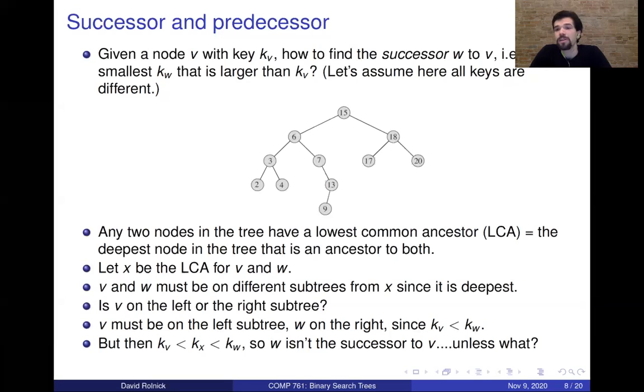Again, what we did was we took a node and we took its successor node, so the node with the immediately following key, and we looked at their lowest common ancestor.